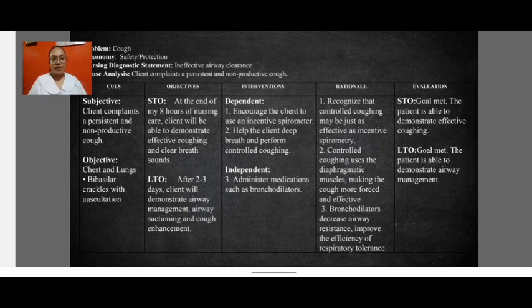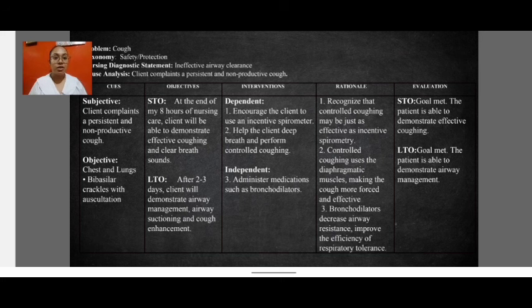The second diagnosis that we have here is cough. For the subjective assessment, the client complains of a persistent and non-productive cough. For our objective assessment, we have observed bibasilar crackles with auscultation during a chest and lungs examination.